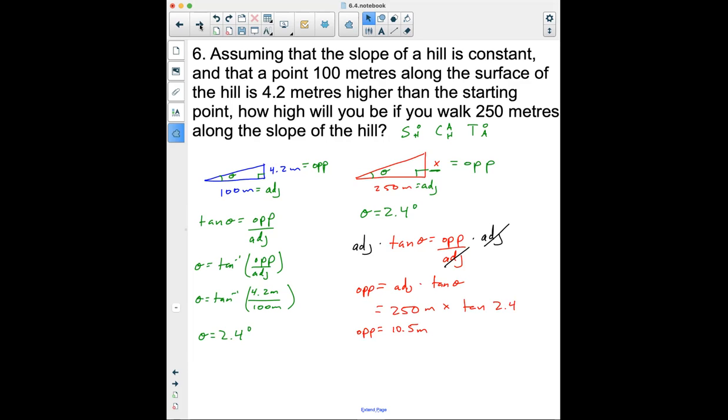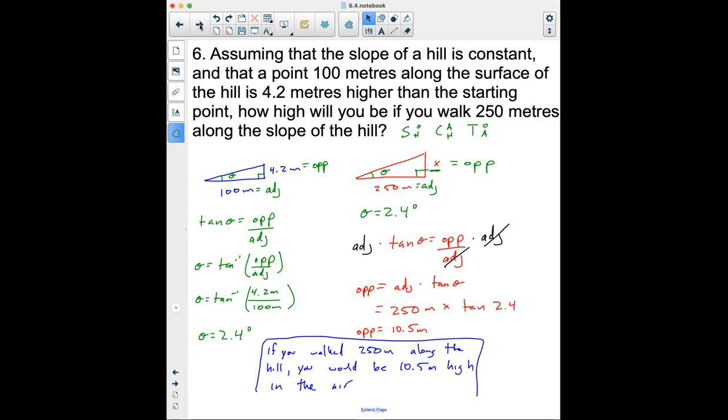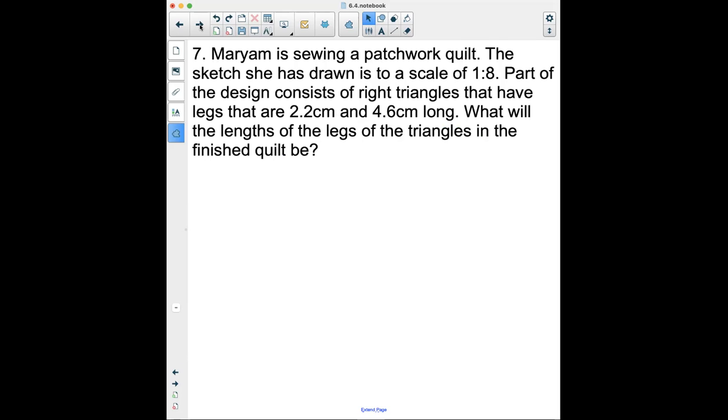So if you walked 250 meters along the hill, you would be 10.5 meters high in the air. Awesome. Okay, last question to go.